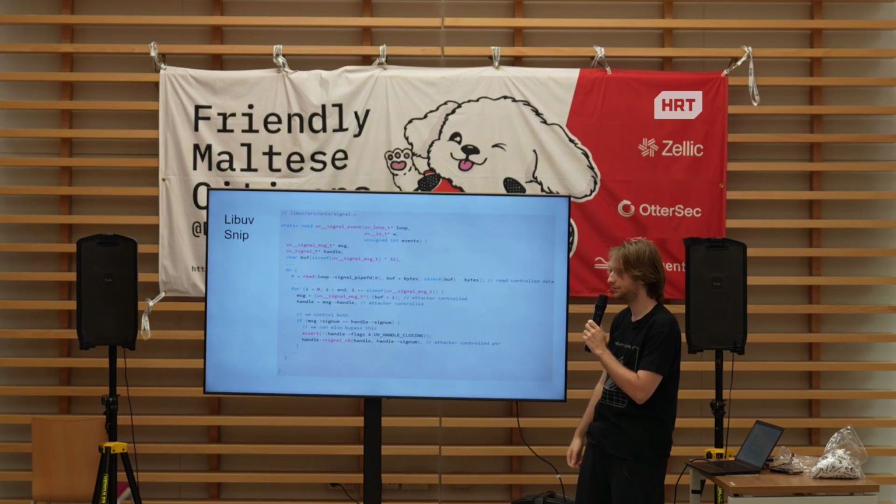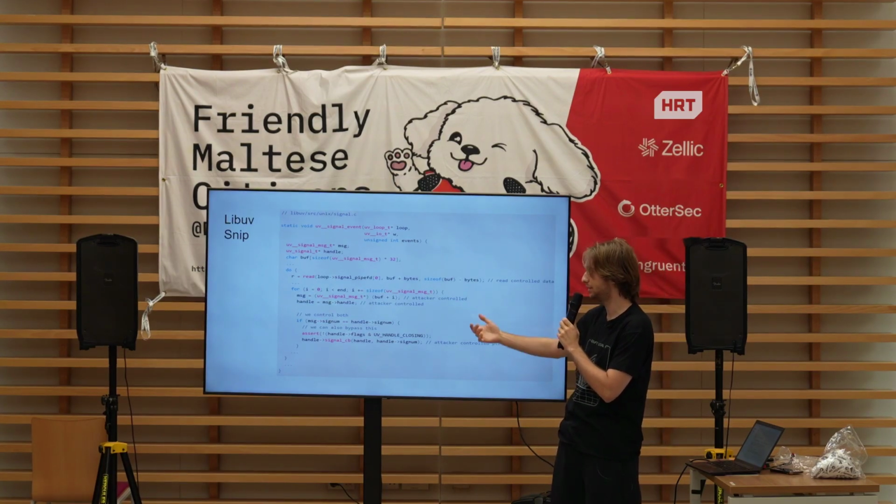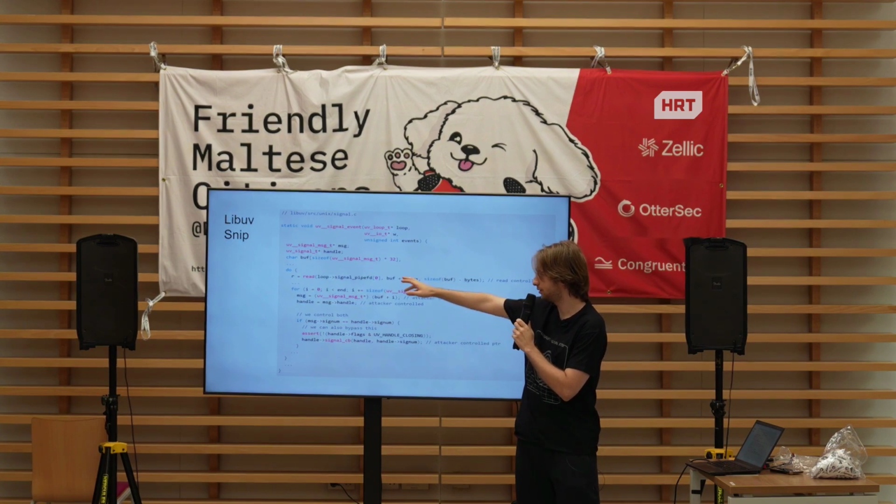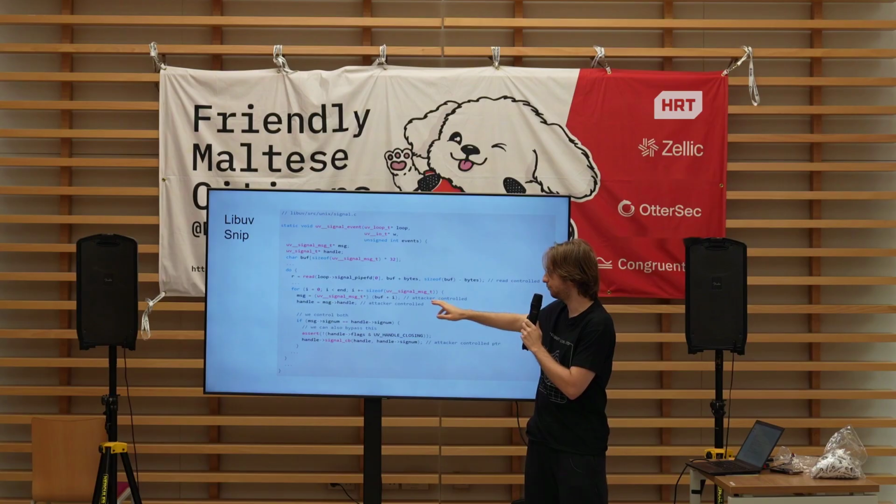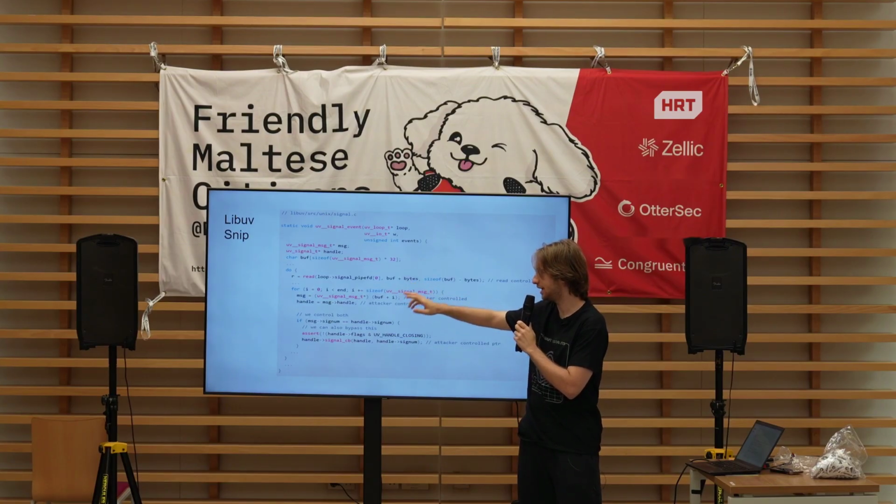If we do a bit of taint analysis, we can see that we control the buffer. After that, it accesses this for loop, and then we can control both message and handle.